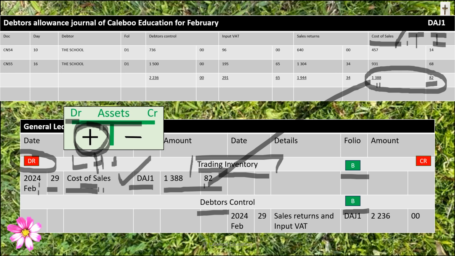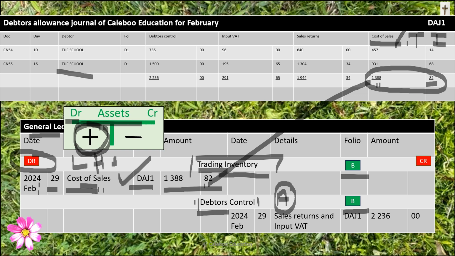Now I've got the Debtors Control account. Debtors Control is also an asset. The school is a debtor. Remember, the control account in the general ledger is a summary of all the individual debtors.